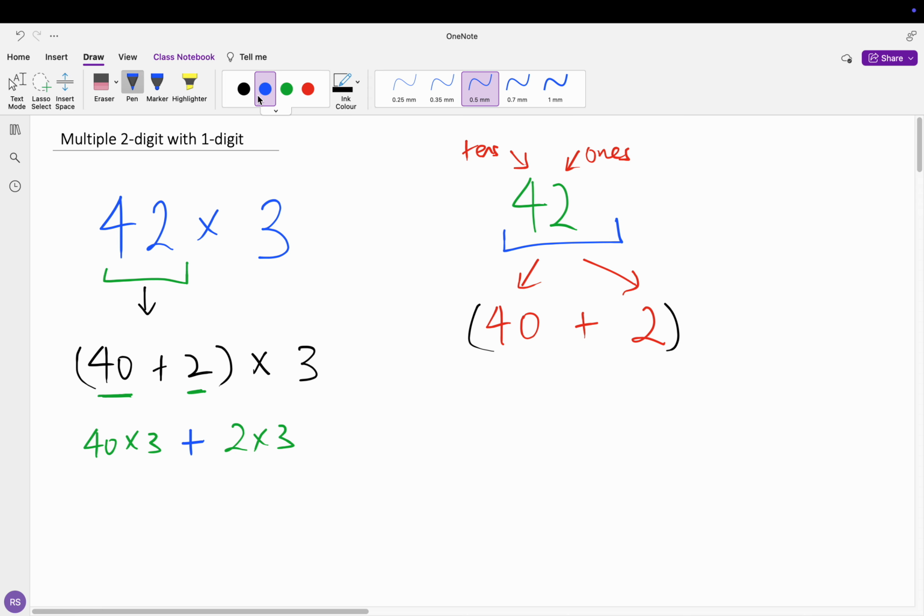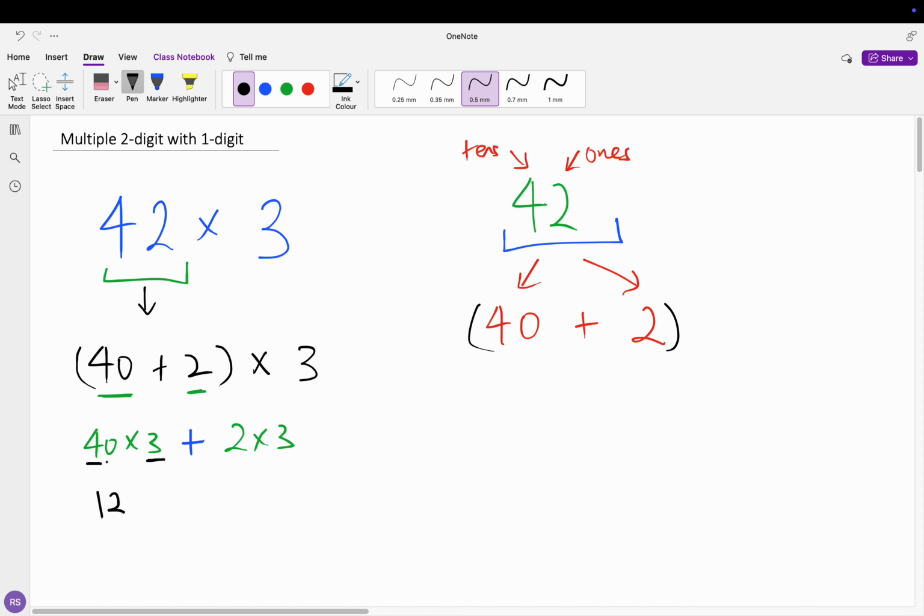So what is 40 times 3? When we have a multiple of 10 multiplied with a single digit, we just multiply the two numbers, which are the single digit here and the tens value here, 4. So 4 times 3 is 12.